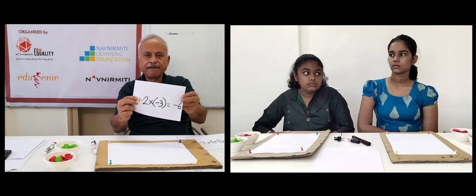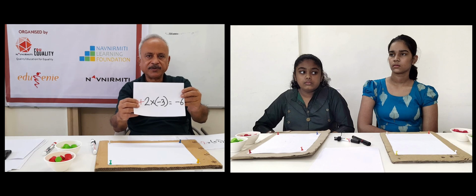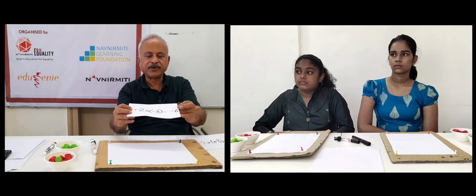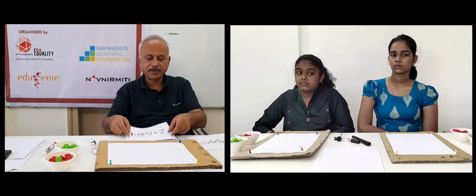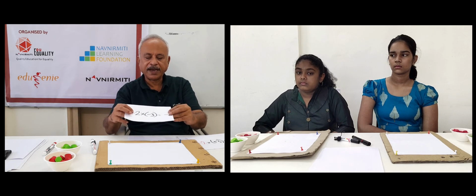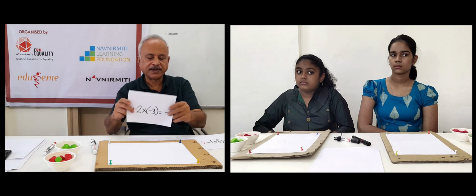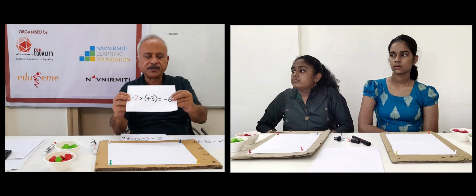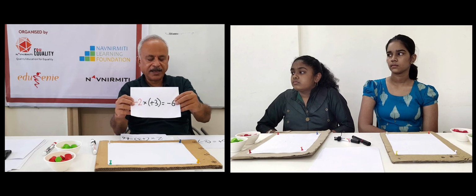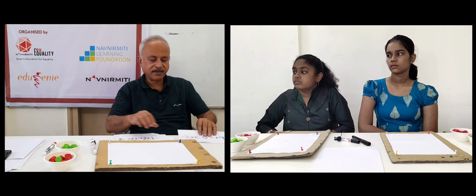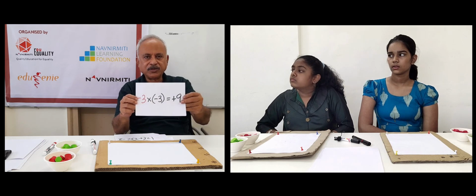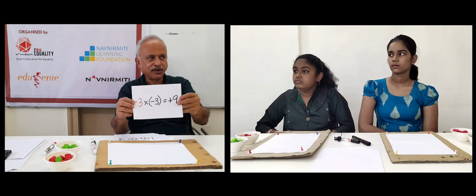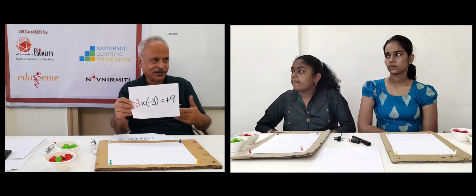We saw plus times negative is negative. Plus 2 times negative 3 is negative 6. So plus into minus or plus into negative is negative. Now we see that negative into positive is negative, and that negative into negative is positive. So we have all the rules which we have derived ourselves.